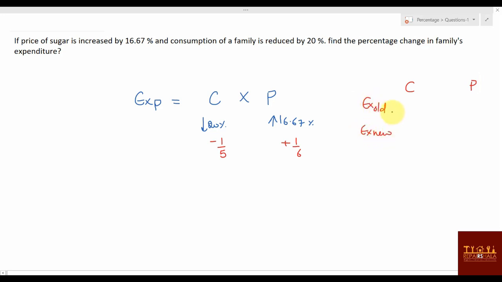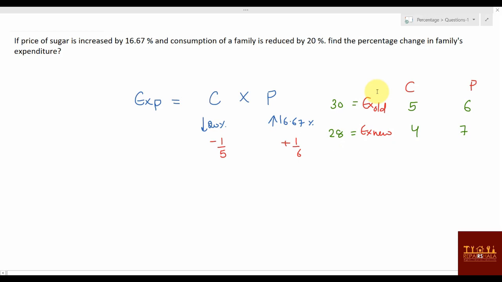First we will talk about consumption. Reduction is happening, so base minus result means 5 will become 4, and price 6 will become 7. Expenditure old was 30 and new it is 28.